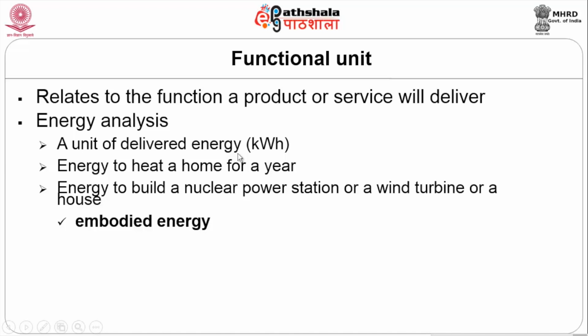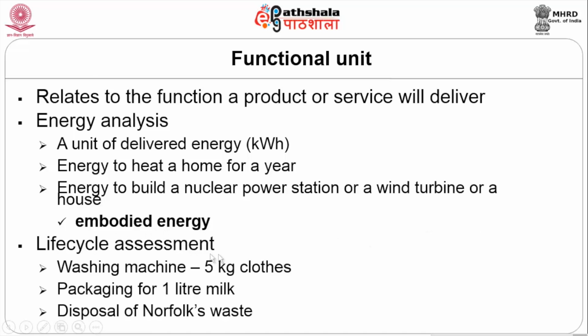It is always a unit measured in kilowatts, energy to heat a home for a year, and also to build a nuclear power station or a wind turbine like renewable energies, and also the embodied energies. So, for life cycle assessment of materials, if you look at it, a washing machine of 5 kg which runs over it, packaging for a 1 liter milk, and disposal of waste.